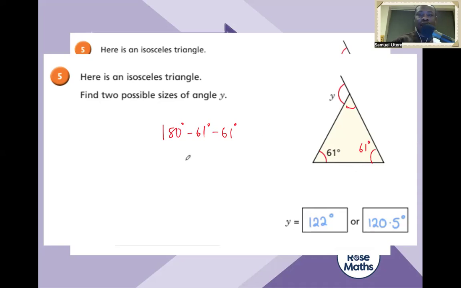Now, the next step is to do 180 degrees minus the angle you got here. Someone else might have thought that the angle here would be 61 degrees. So they would be thinking it's an isosceles triangle the other way around. That's why it's possible to have two different answers.